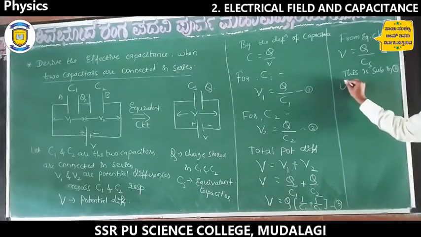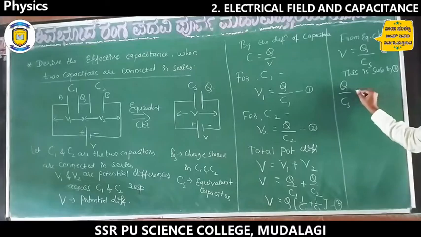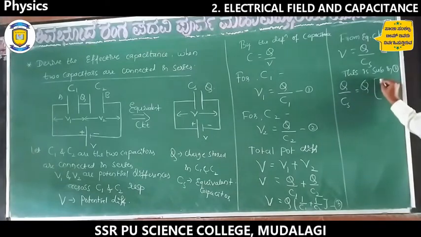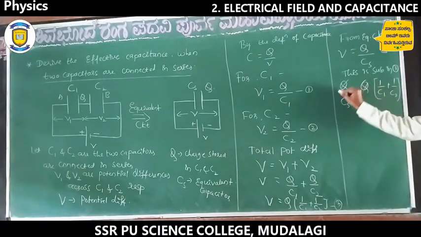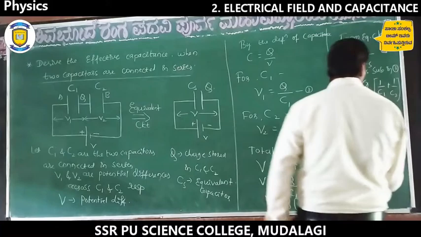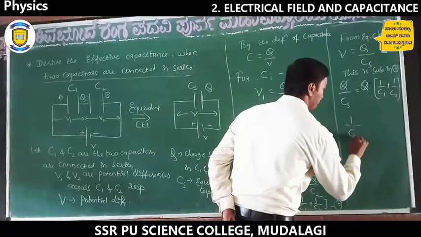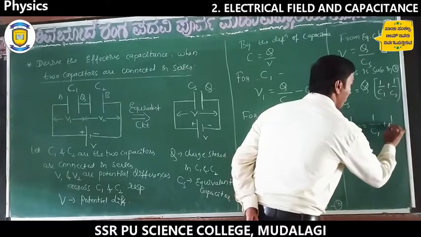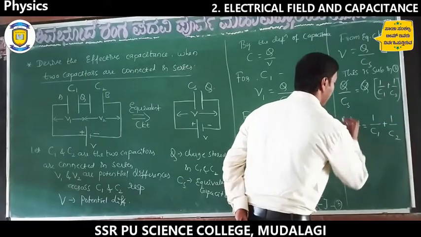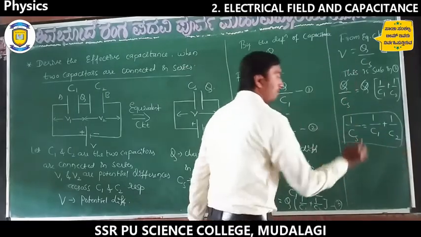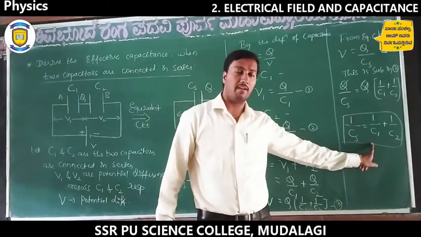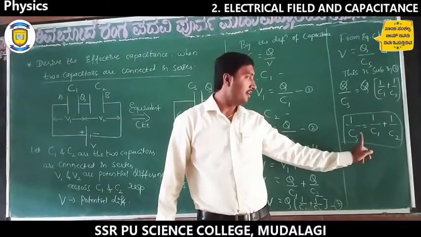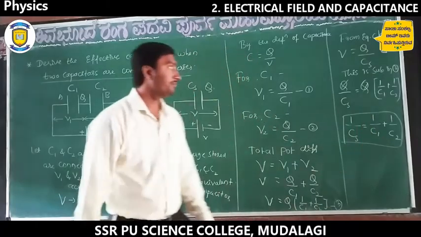Then Q by CS is equal to Q times 1 by C1 plus 1 by C2. So this Q cancels. Next, 1 by CS is equal to 1 by C1 plus 1 by C2. This is the effective capacitance when the two capacitors are in series. CS is the series.